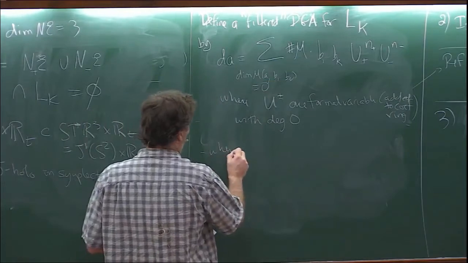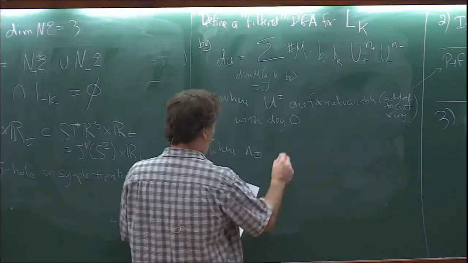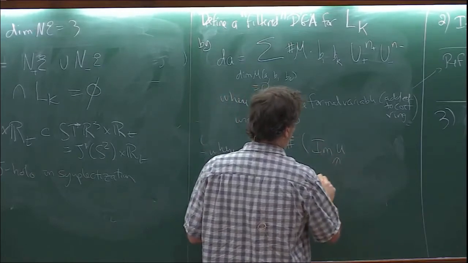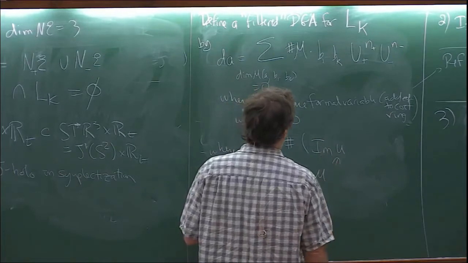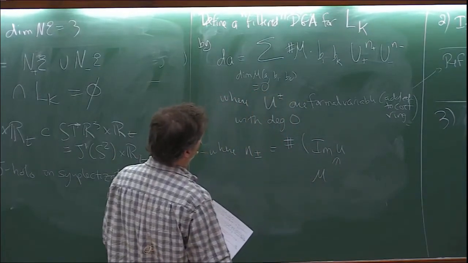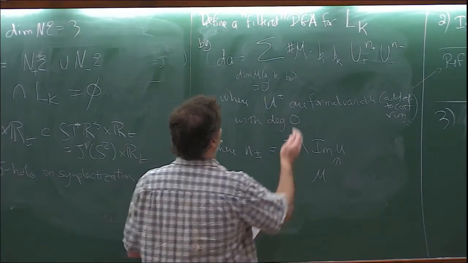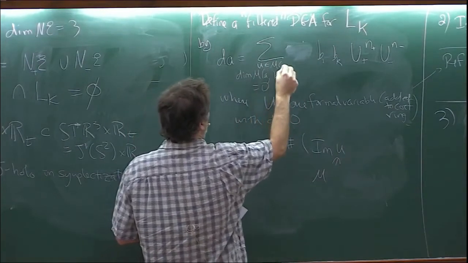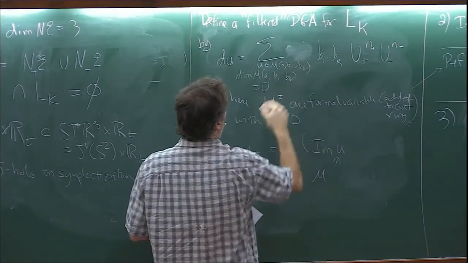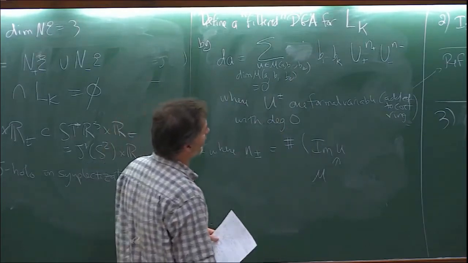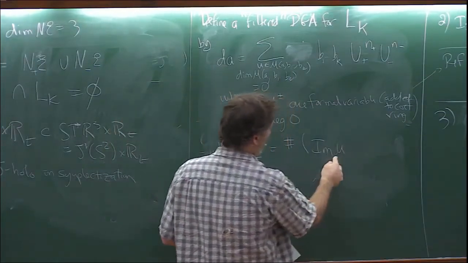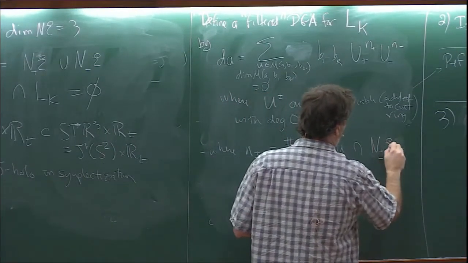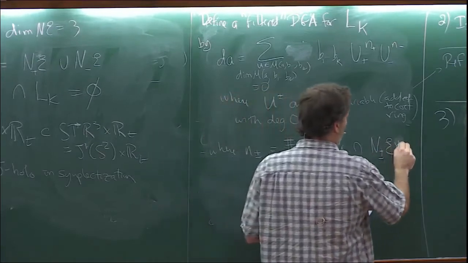Where n plus or n minus is equal to a count of the image of U in my moduli space. That's actually not good notation. I should say the sum over U in this moduli space. So you look at the image of U and you intersect it with this conormal lift, the positive or negative part, across RT.